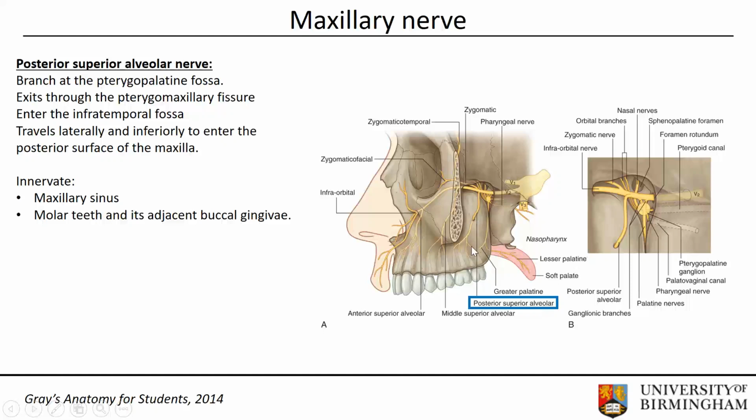So the posterior superior alveolar nerve will innervate the maxillary sinus, the molar teeth, and its adjacent buccal gingiva.